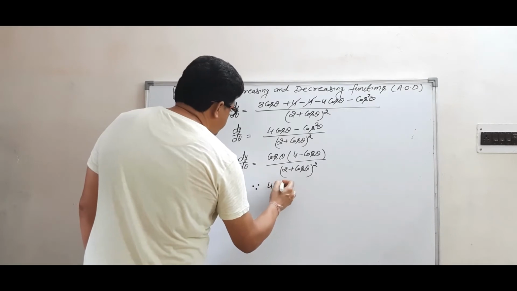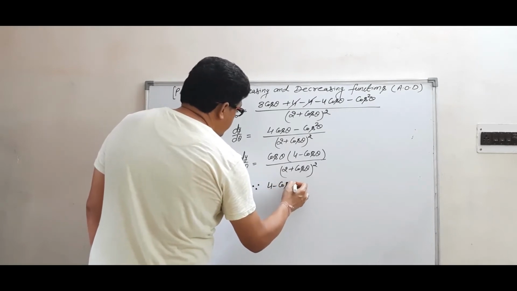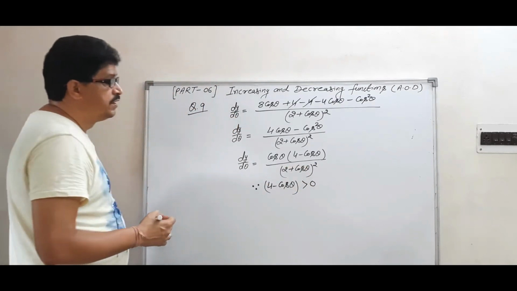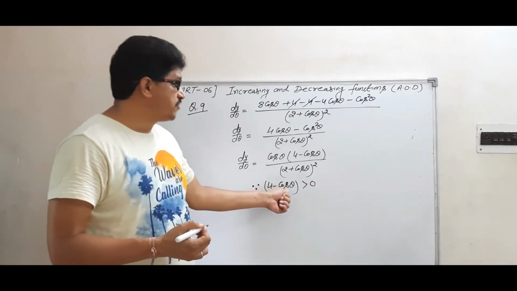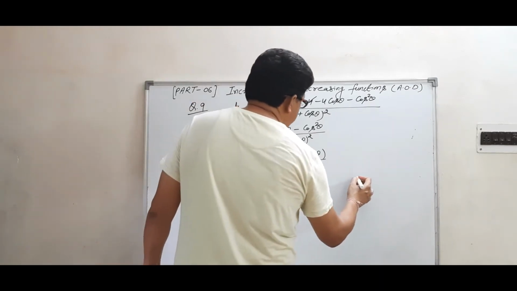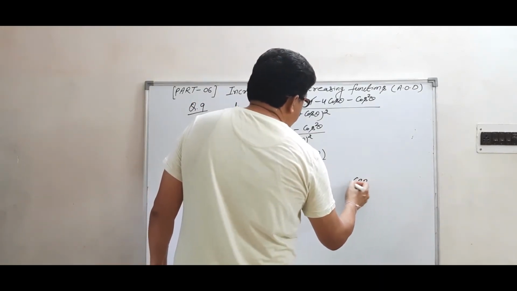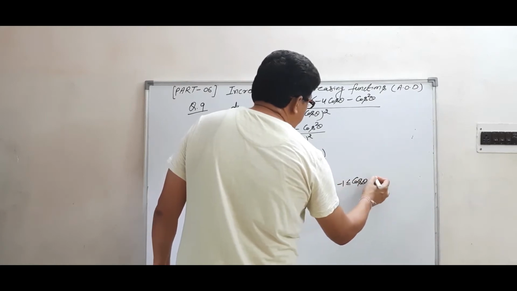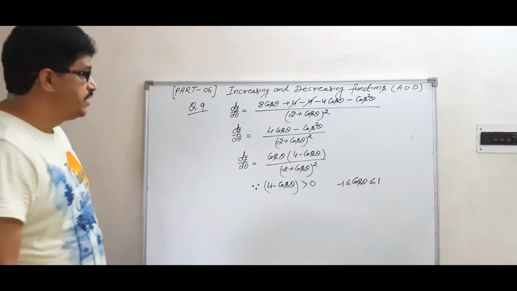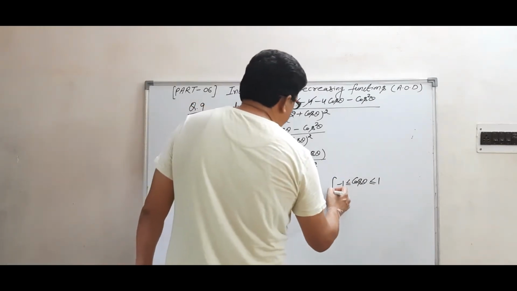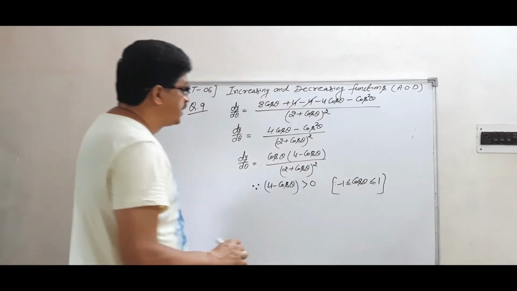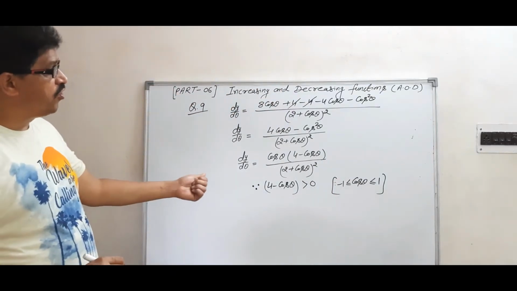Since we know that 4 minus cos theta is always greater than 0. Why? Because the value of cos theta lies between -1 and 1. Cos theta's value is always greater than or equal to -1 and less than or equal to 1. So 4 minus cos theta is greater than 0 for all values of theta.